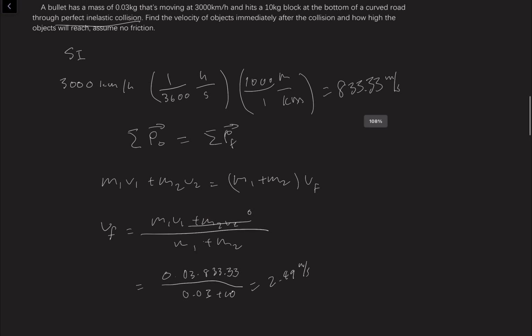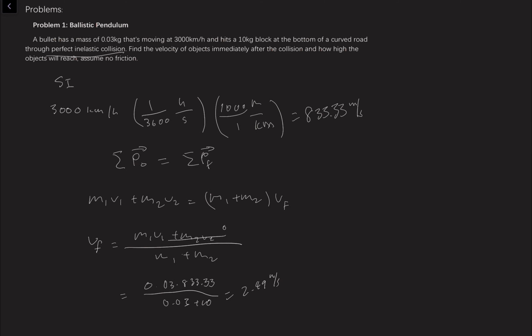And now we calculate the initial velocity of the object about to go up this road. We can set up the conservation of mechanical energy equation since friction is not present. Total initial mechanical energy equals the final energy.